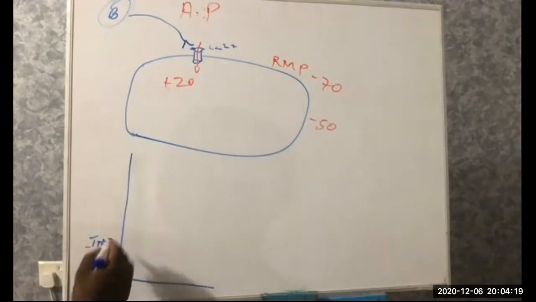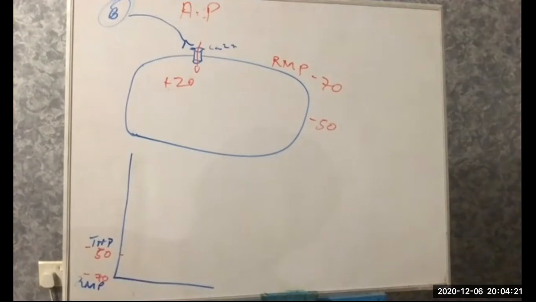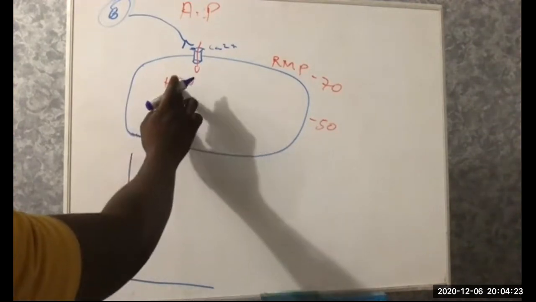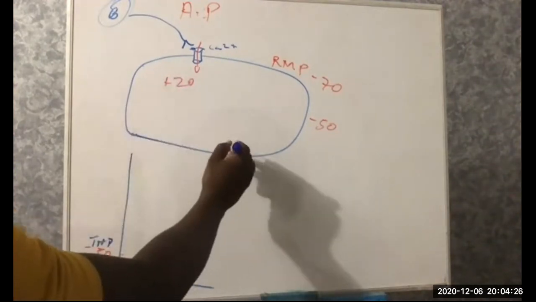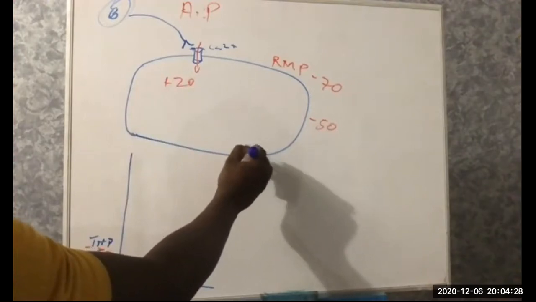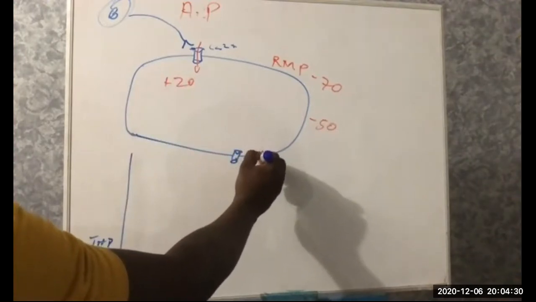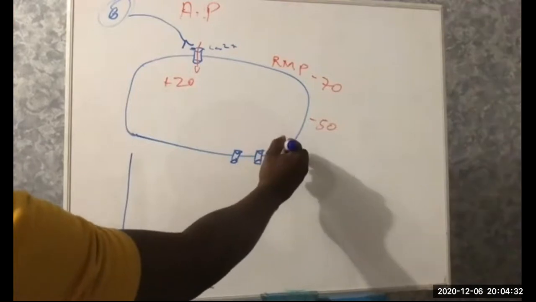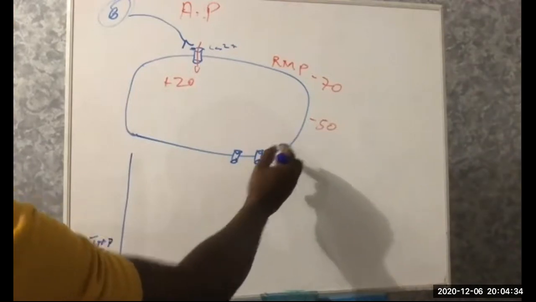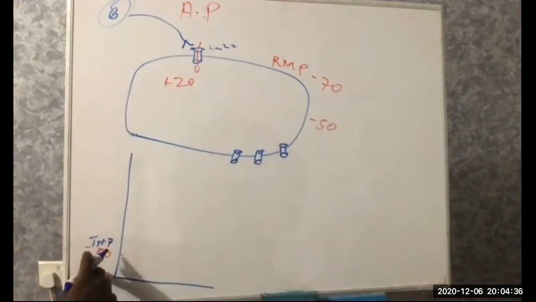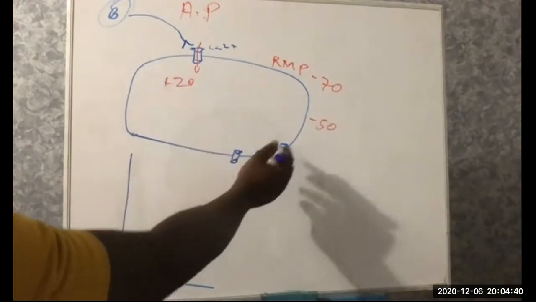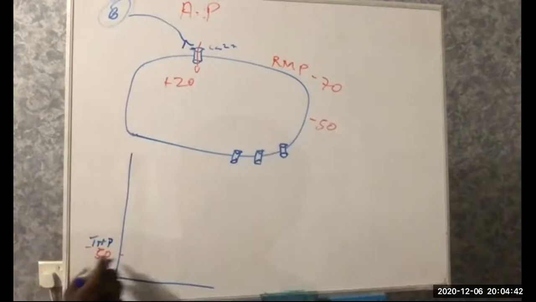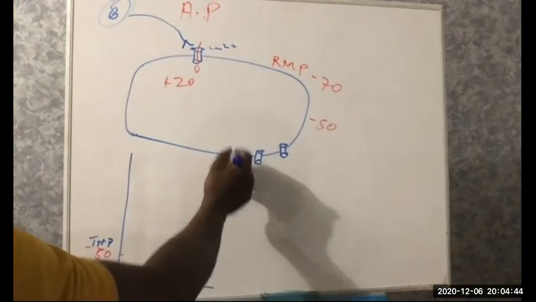There are other channels on the membrane, which we call voltage-gated channels. Once you reach the threshold potential, at minus 50, automatically all these channels will also open.